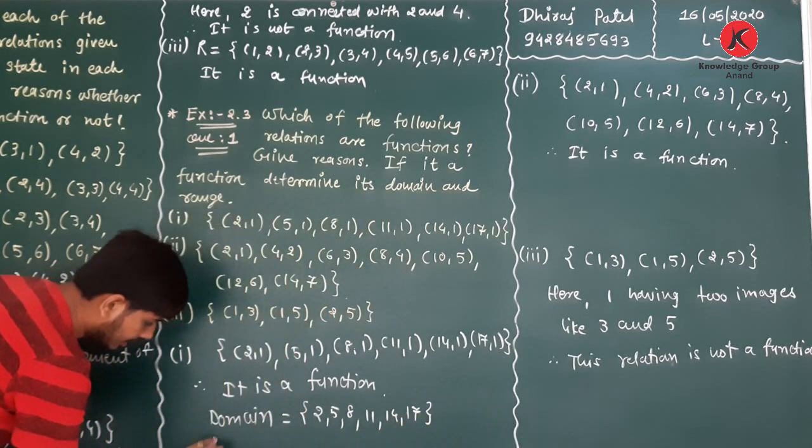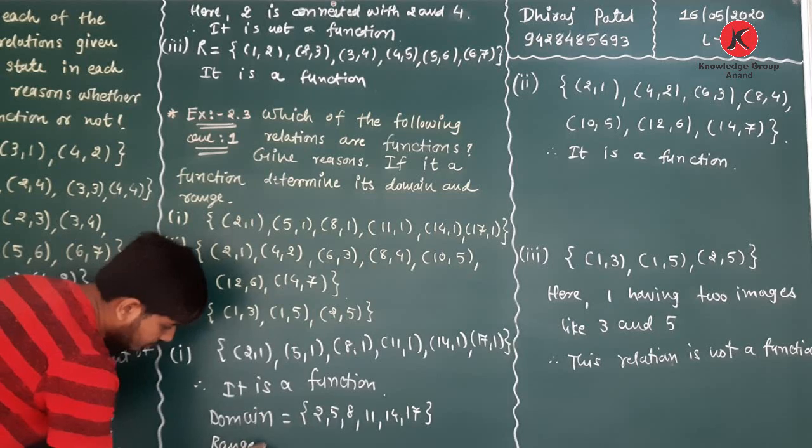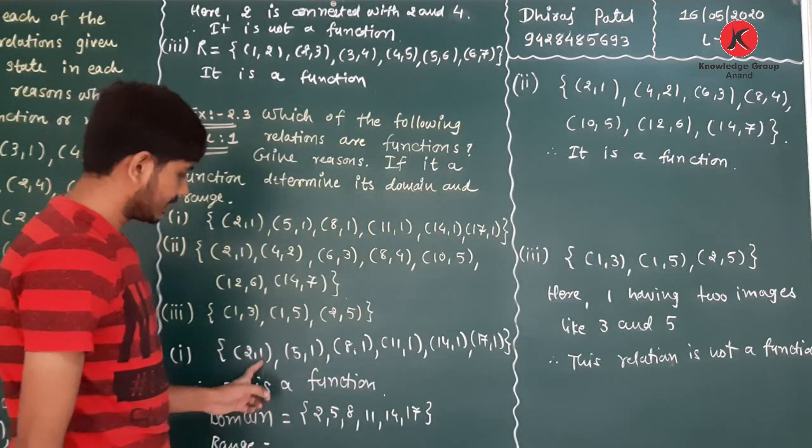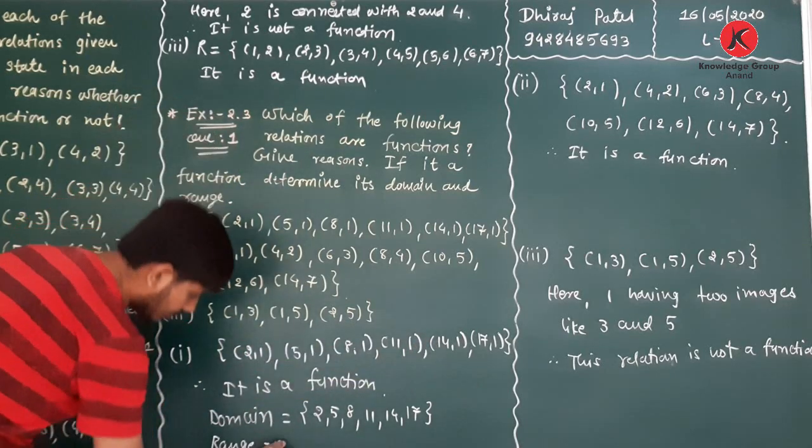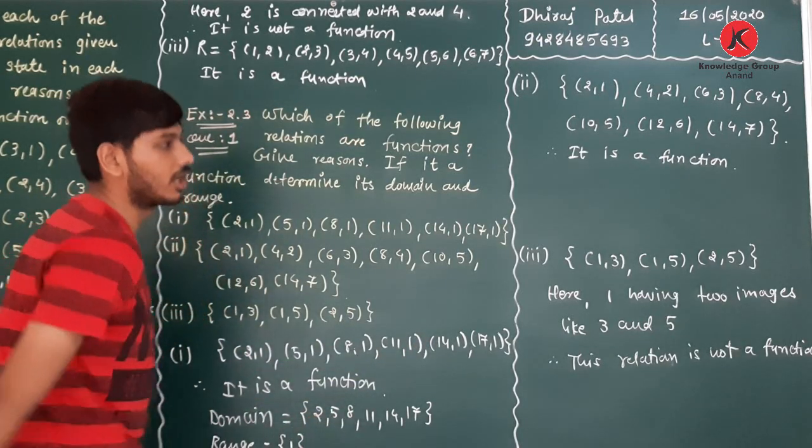And identify the range. What is the range? The range of this relation or function is only 1. Collect the second elements.